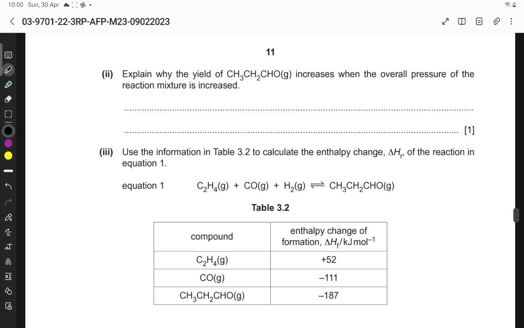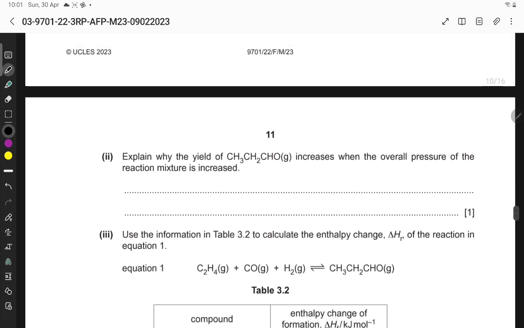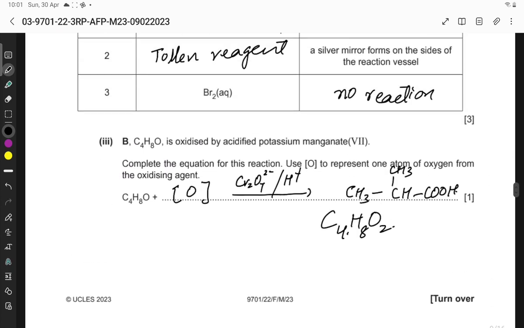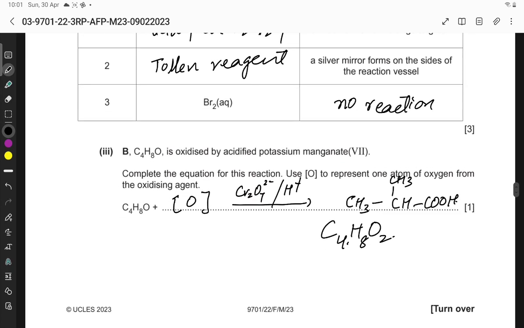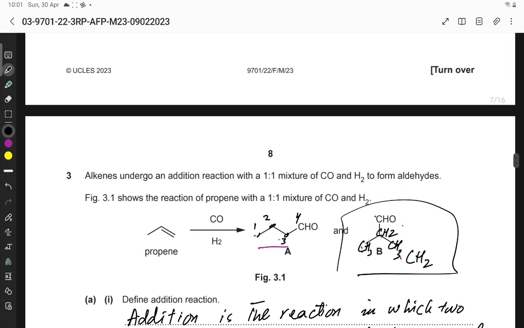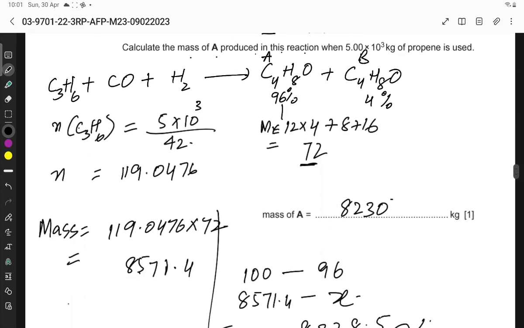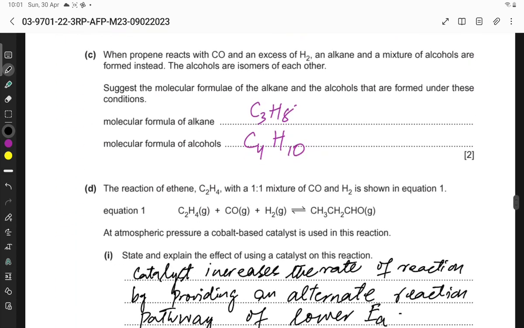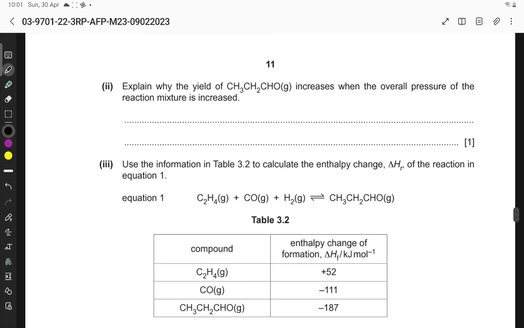Explain why the yield of butanol increases when the overall pressure of the reaction mixture is increased. Yield is increased when the overall pressure of the reaction mixture is increased.